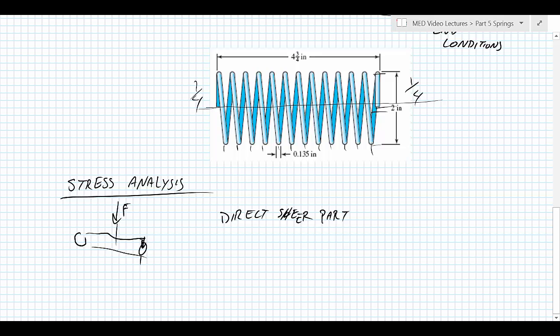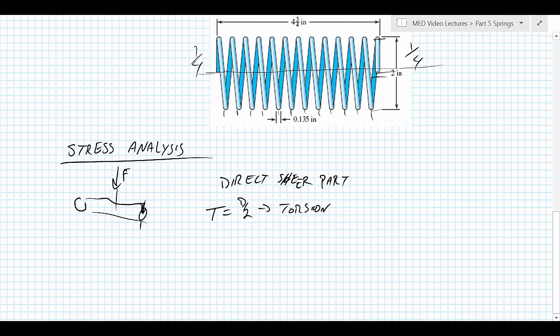And then if this force is acting with a distance, there's going to be some torque that's caused by that d/2. So we're also going to have some torsion going on. Now, if this was just a straight beam, that'd be fine, but we also have some curvature effects in there as well. So we're going to have to approach our stress a little bit differently.